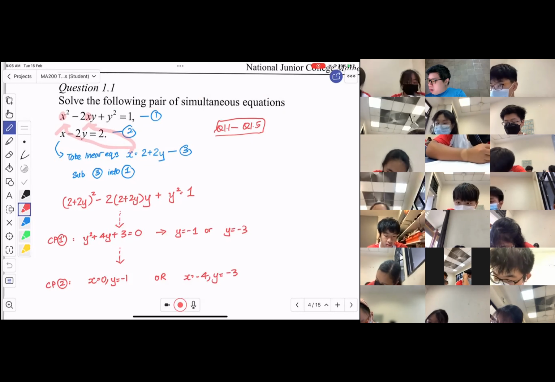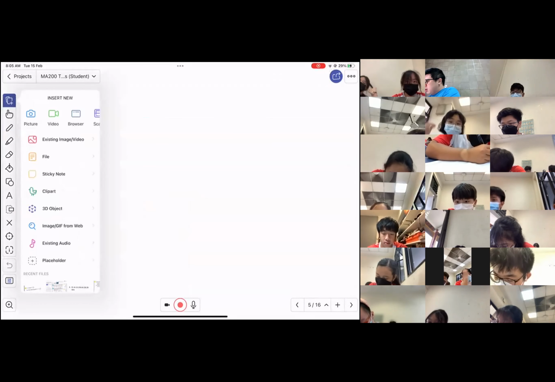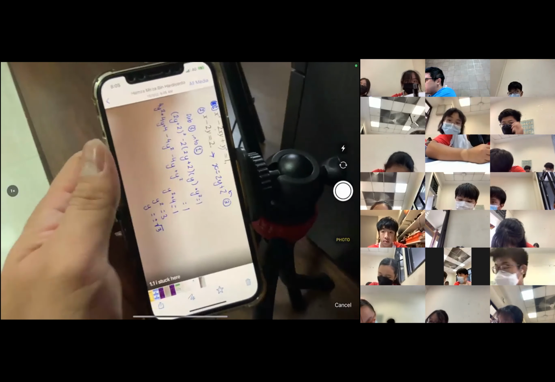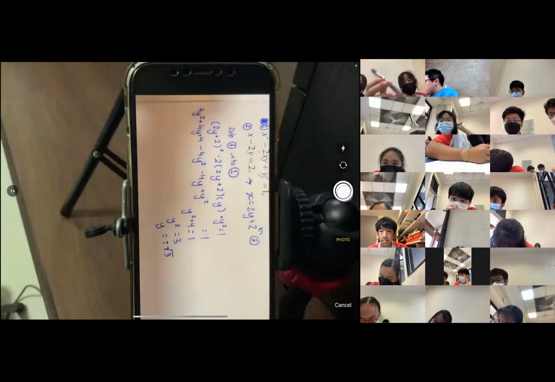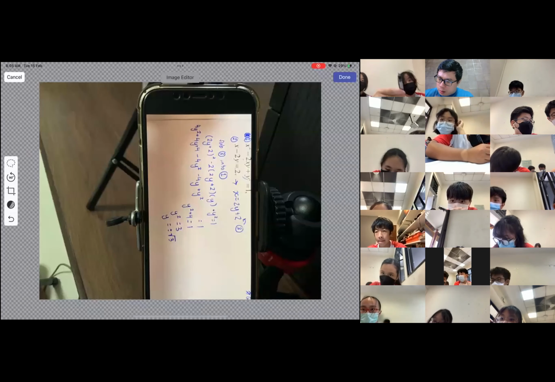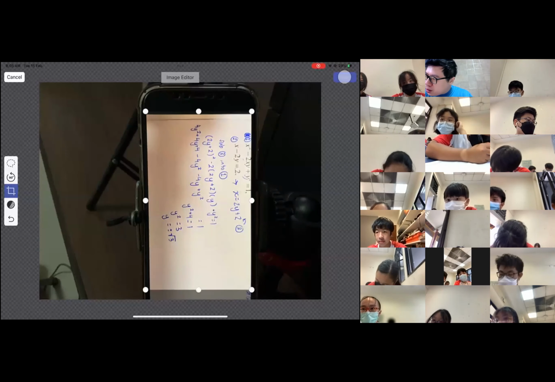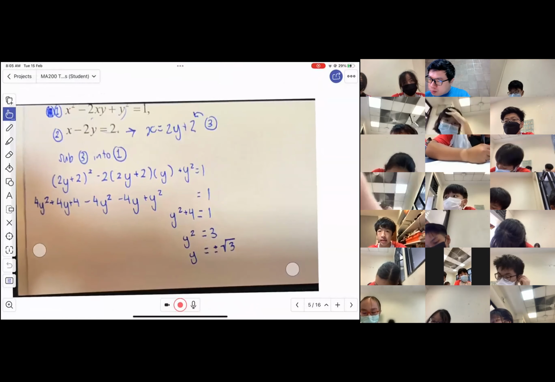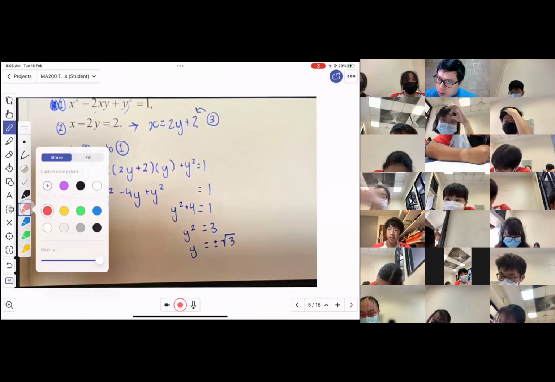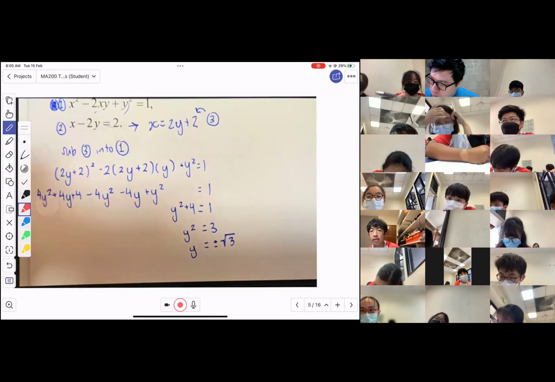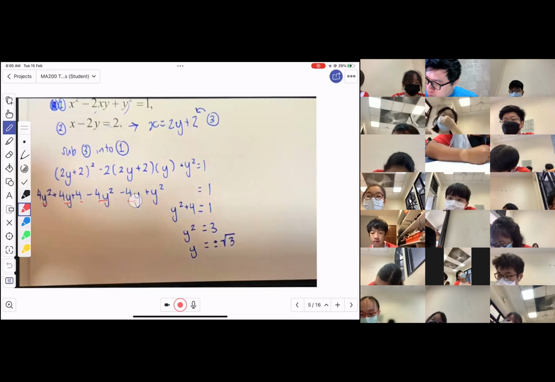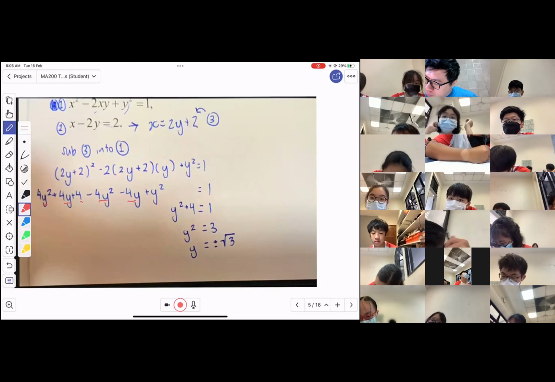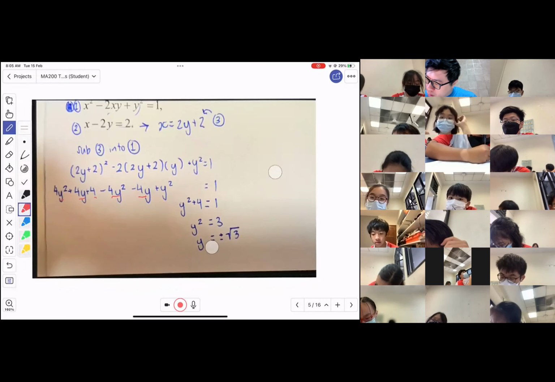Okay, I got one student who asked, so I do a check. Someone sent me a photo of one of the students in your class, so I do a quick check. So this one, (2y plus 2) squared, 4y squared plus 1 plus 2 minus 4y squared minus 4, 4y squared minus 4 plus y squared.